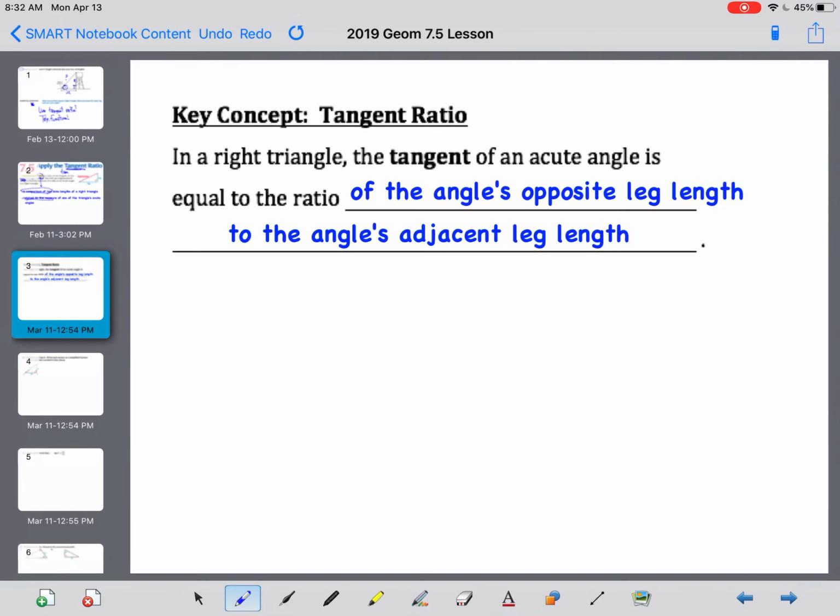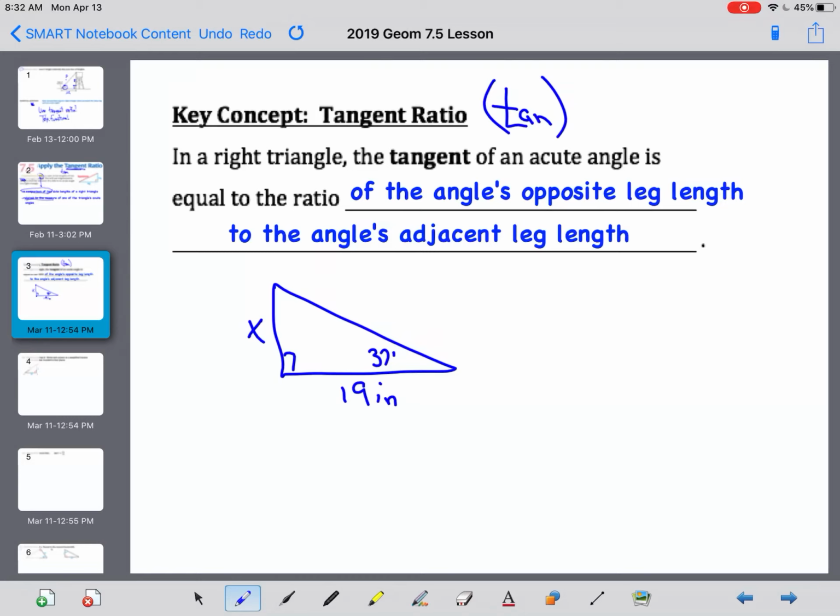So let's go ahead and quickly define the tangent ratio. We're going to use tangent. If I have this triangle here, with 37 degrees here, x here, and 19 inches here, to use the tangent ratio, it's going to be the opposite leg, which we abbreviate OPP, over the adjacent leg, and we don't use the hypotenuse.